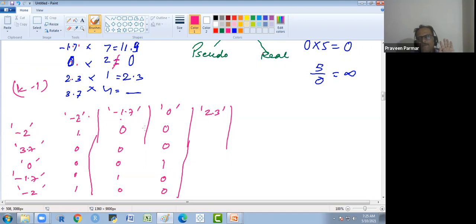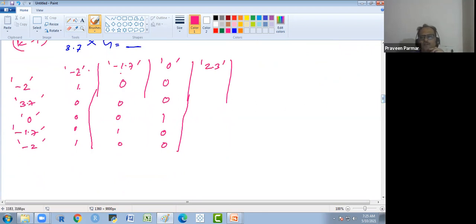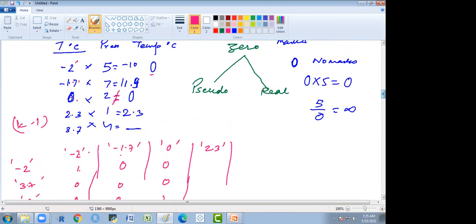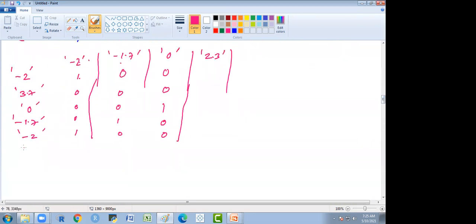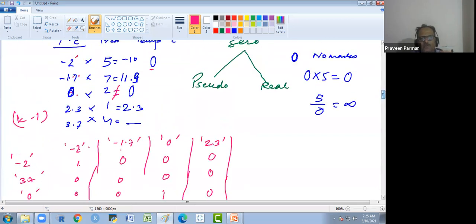Got it? Suppose I write here 2.3, and I also write 2.3 somewhere else. So here it is 0, here also 0, here also 0, and 0, 0, 0, 0, 0, 1. And one more category which we have dropped is 3.7.